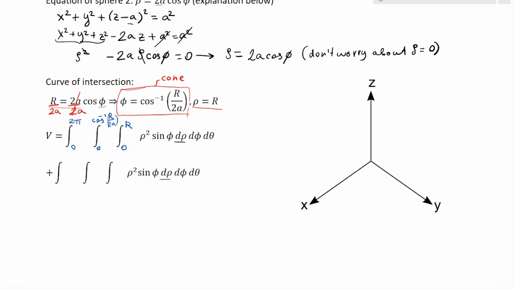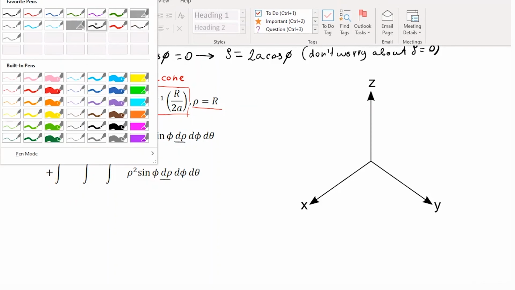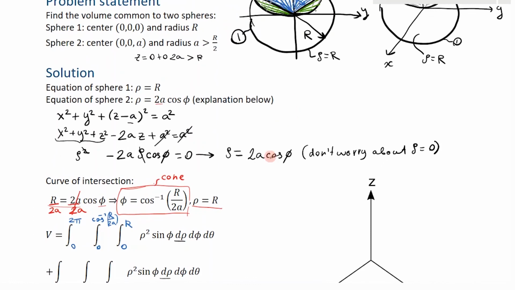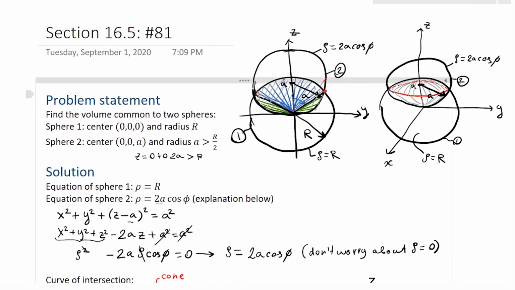For the green region, it's a little bit more complicated. Before I can write out the green region, I need to actually understand what happens to phi here, because it's not very obvious where exactly phi needs to end.